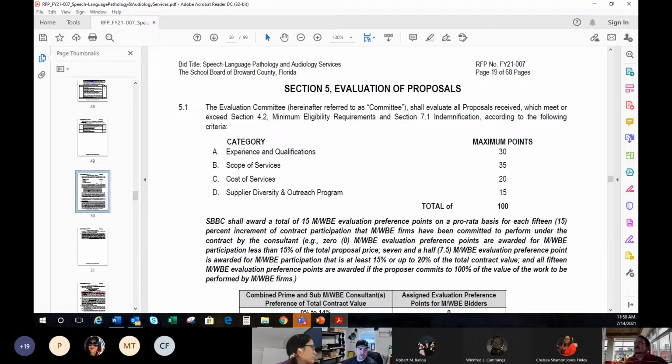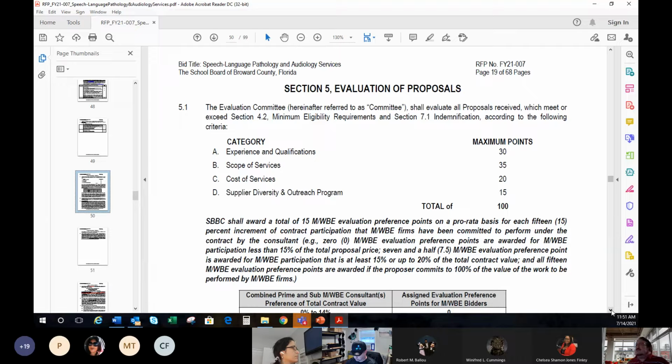The supplier diversity outreach program section is allowed 15 points. Those points will be provided by the EDDC office, so they will have something already prepared for the evaluation meeting to come up with each proposer's point value.